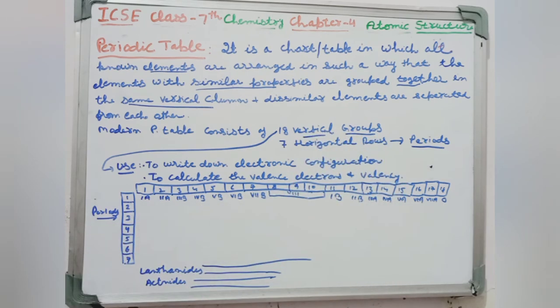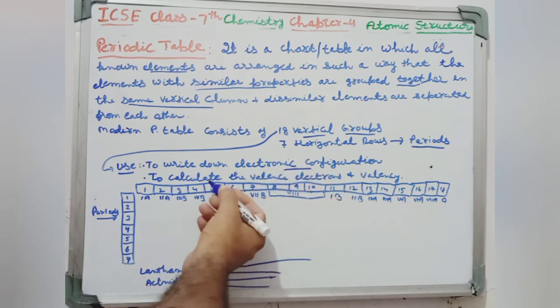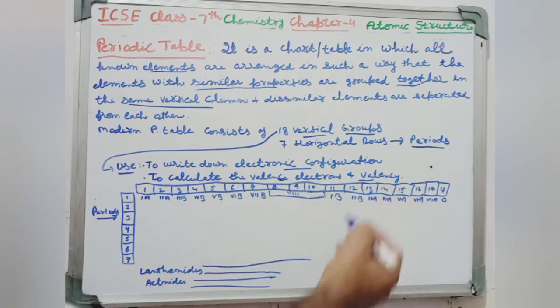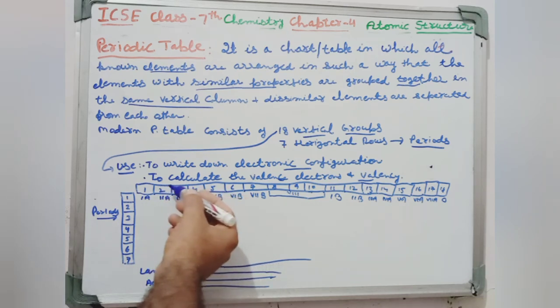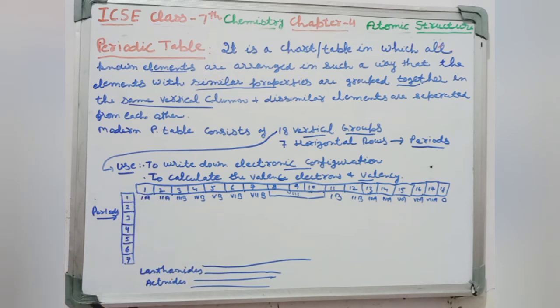These vertical groups are used to write down their electronic configuration and to calculate valence electrons and their valency. Here these are 18 vertical groups, 7 horizontal periods.